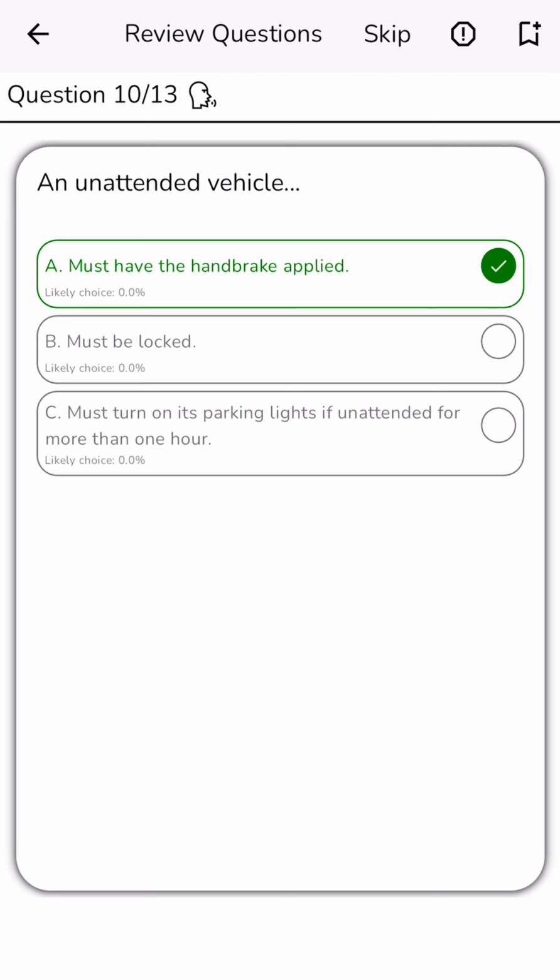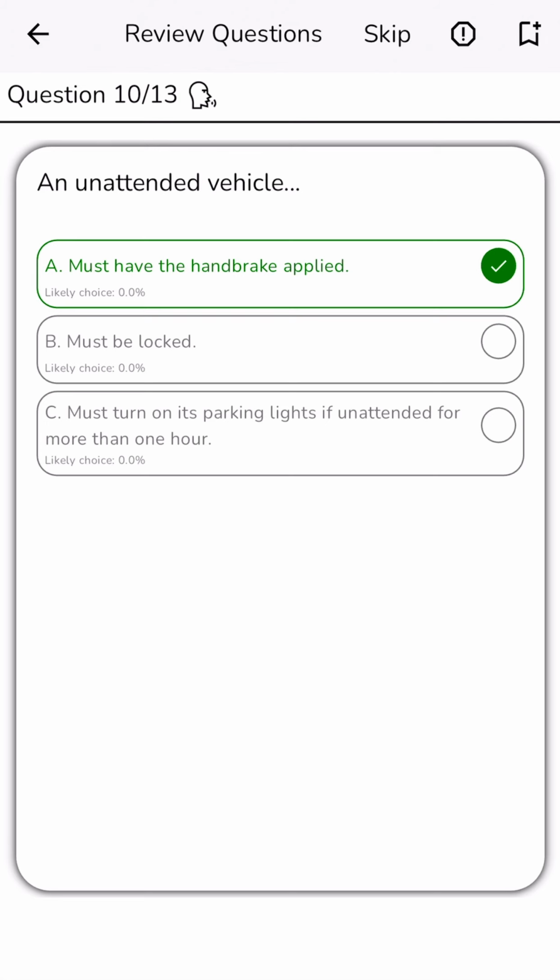An unattended vehicle, this is more like complete this sentence. What we know is that at all times it must have the handbrake applied. Whether it is locked or must turn on its parking lights, those two have got nothing to do with an unattended vehicle.